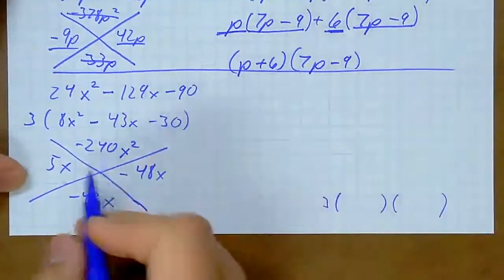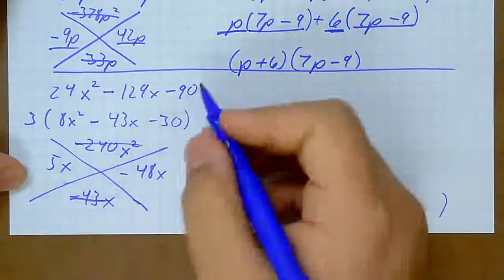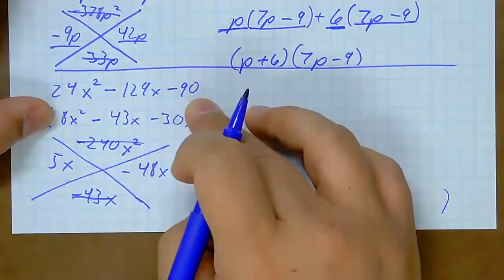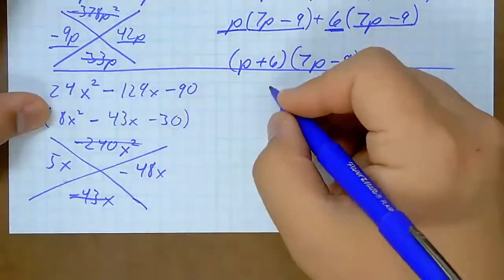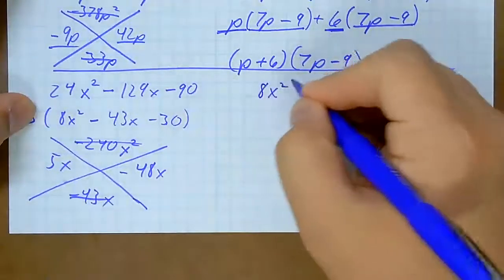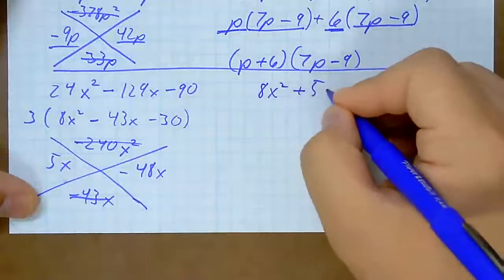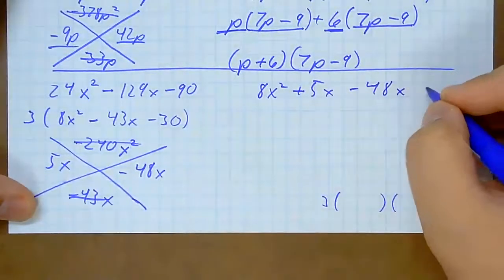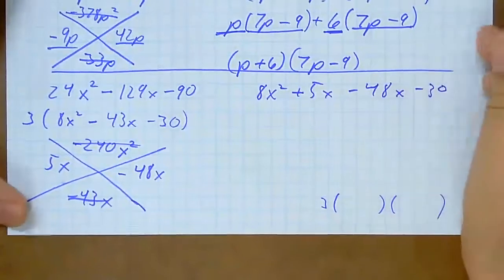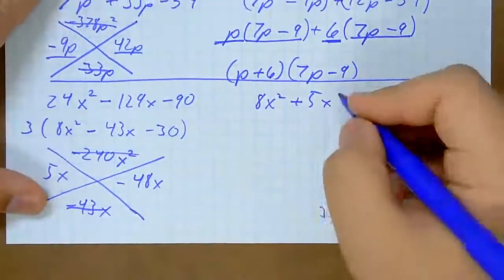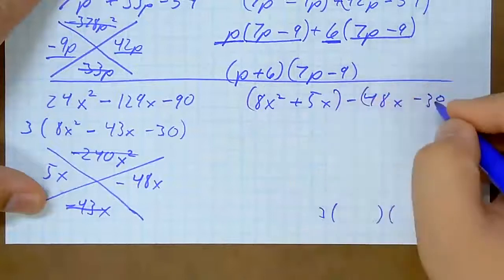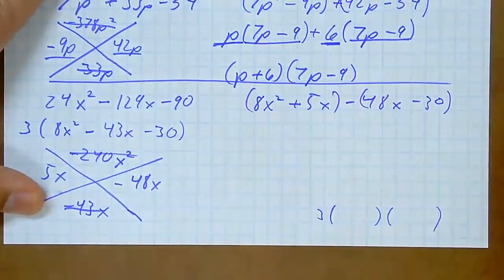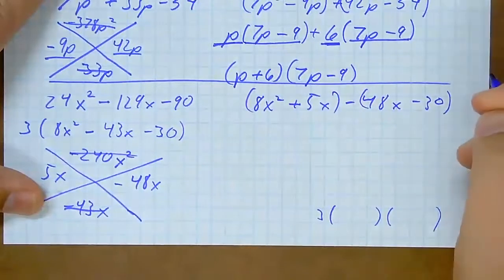All right. So we don't need the top, we don't need the bottom. We're going to rewrite this trinomial 8x squared minus 43x minus 30 as 8x squared plus 5x minus 48x minus 30. Okay. We group them. Some of you might have noticed something already.